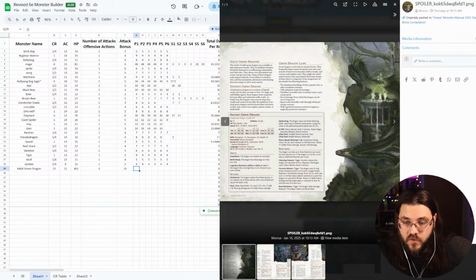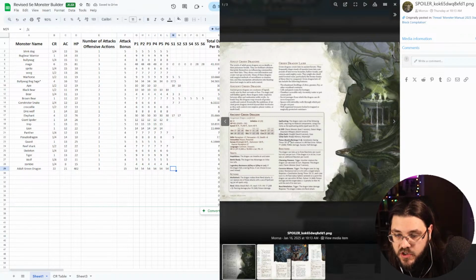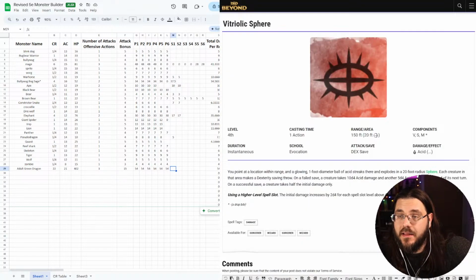So we're going to assume that it's going to do 2 rends per turn, which is going to be 27 times 2 is 54, so it's going to be 54 primary damage per turn, and then whatever we've got going on in the secondary damage.